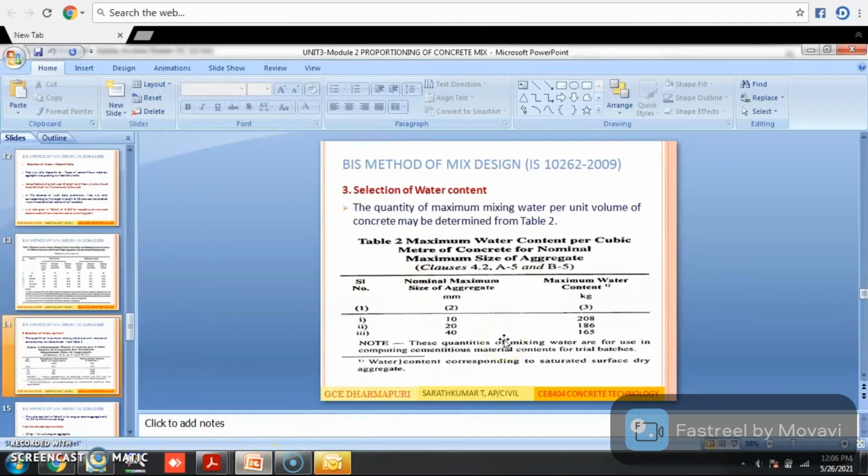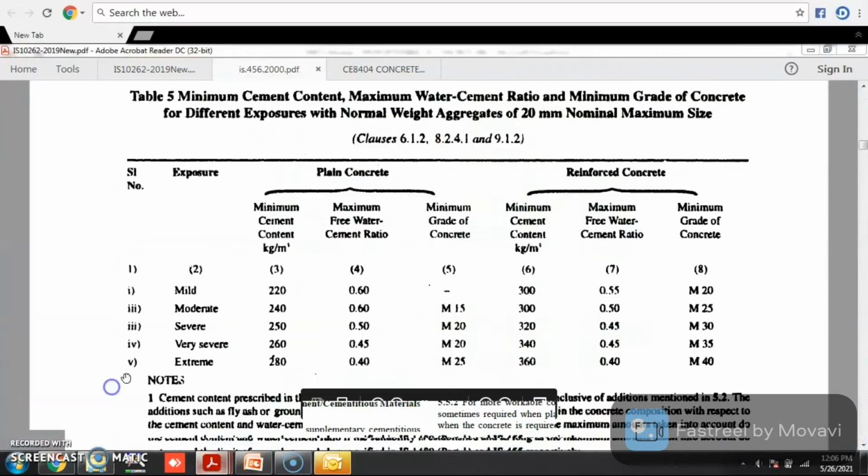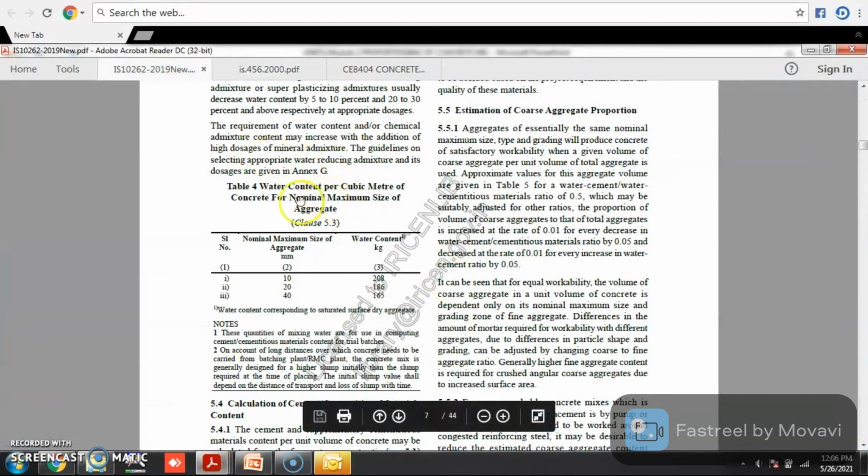After that you have to find the water content. Again, for this we go to IS 10262. In table 4, depending upon the nominal maximum size of aggregate, the water content is given. If you are using a nominal maximum size of aggregate of 20 mm, the water content required is 186 kg.